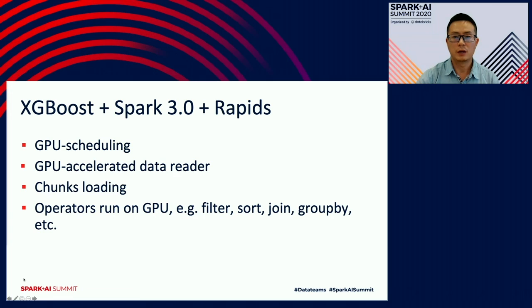So with the RAPIDS plugin, we can accelerate XGBoost end-to-end by GPU scheduling, GPU accelerated data reader, chunks loading, and what's more, the operators can also be accelerated by GPUs. For example, filter, sort, joining, and so on.